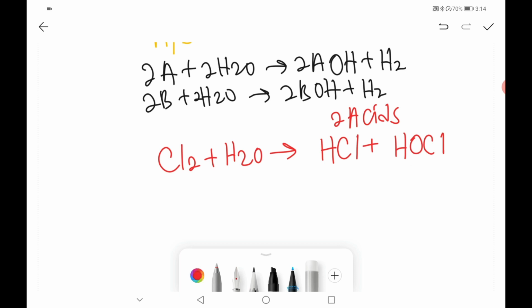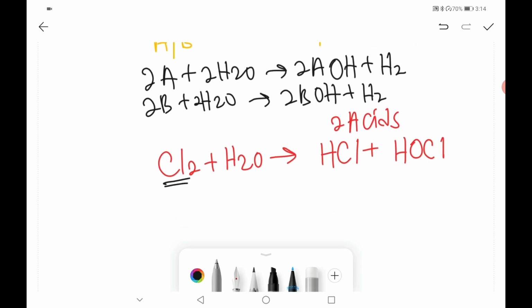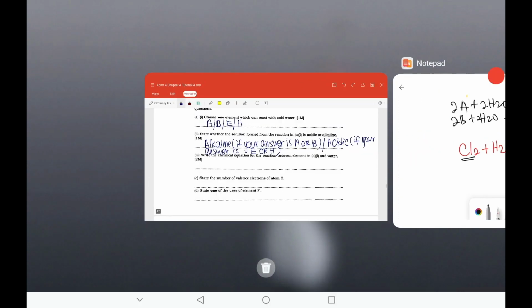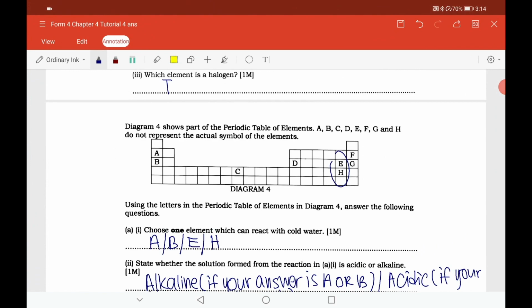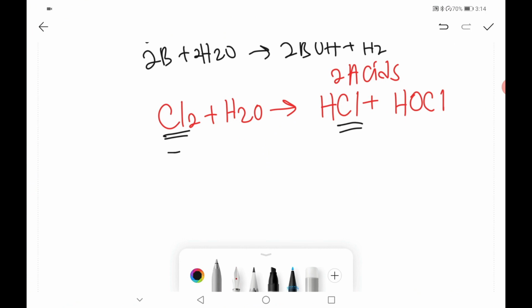So this is another equation. Now you can just modify the whole thing accordingly. You can replace the Cl with other halogen. The halogen they give you here is actually E or H. So if you change the Cl with E, it becomes E2 + H2O → HE + HOE.